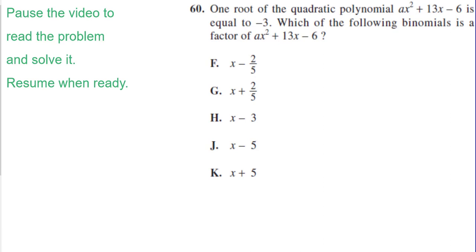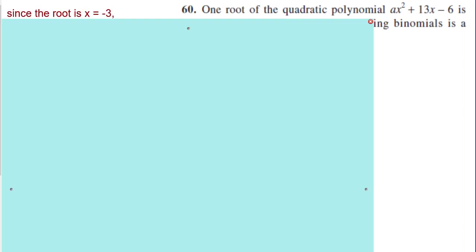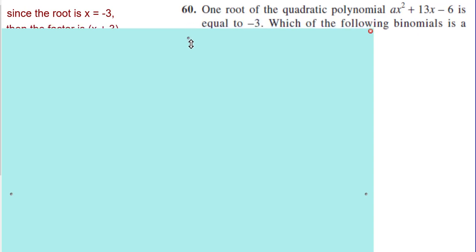And I think this is the last one. Pause as needed. Resume when you're ready. All right, so since the one root is -3, that means the factor is going to be the quantity of x plus 3.